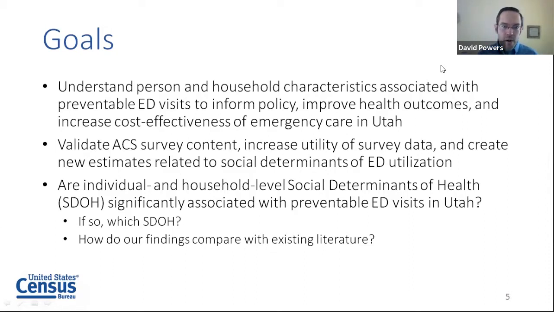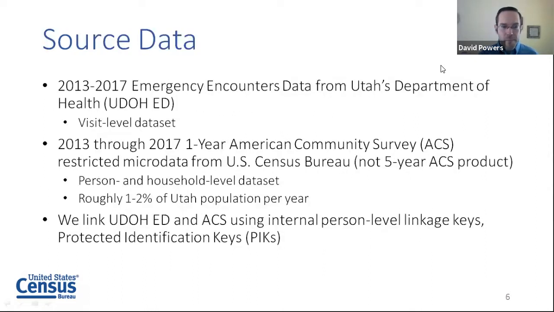We ask, are individual and household level characteristics for social determinants associated with preventable emergency department visits in Utah? And if so, which social determinants are associated in Utah? And how do our findings compare with existing literature?